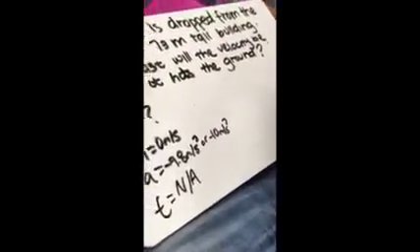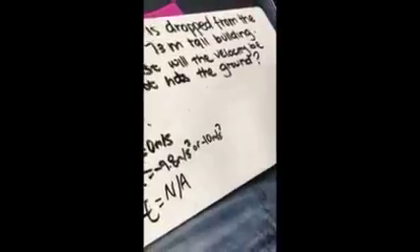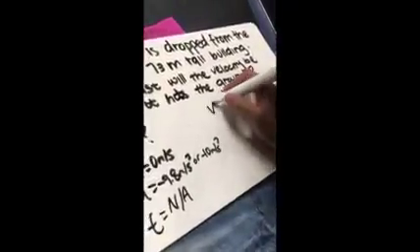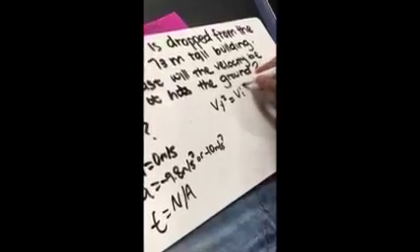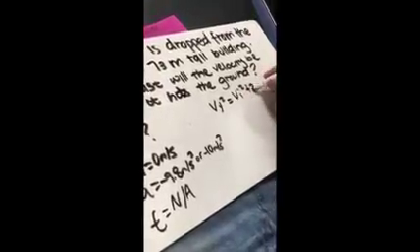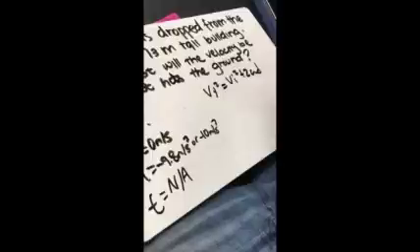So instead of x, we need to replace it with y. Yes. So we'll do Vf squared equals Vi squared plus 2ad.